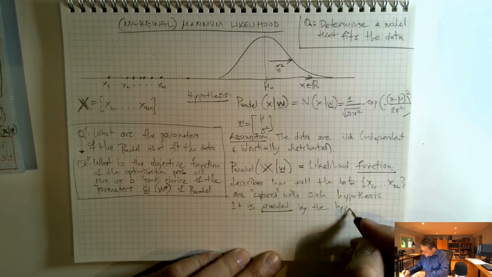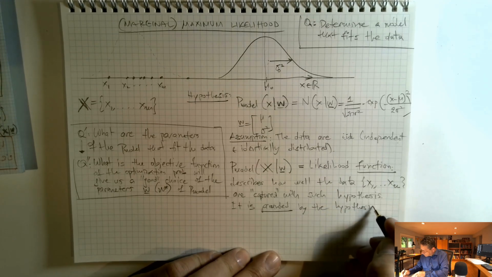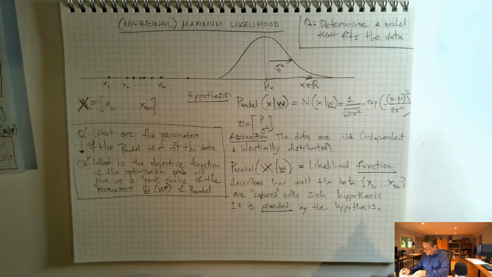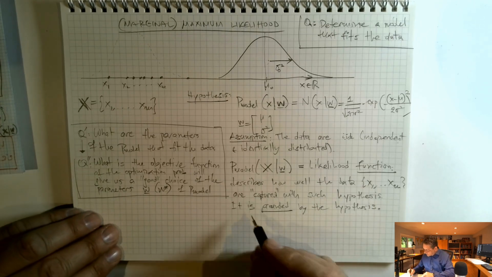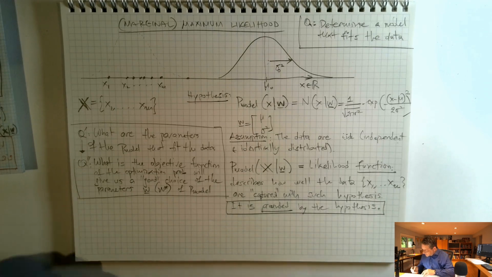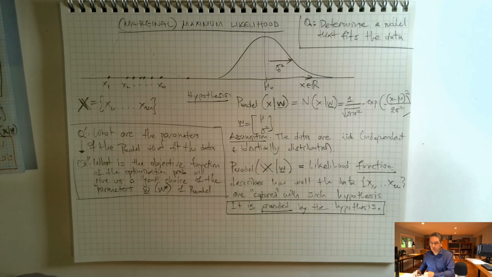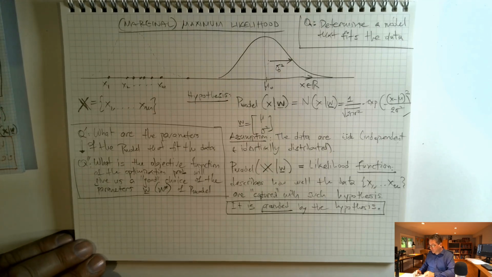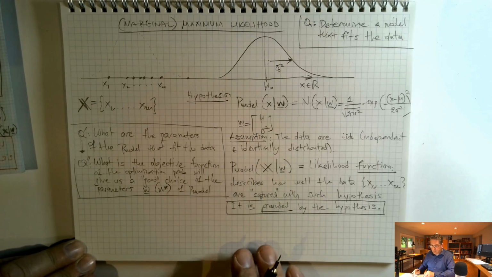by the hypothesis. And I think we should have now some discussion as to why this is kind of an important sentence. Because the likelihood function should not be confused with something that can provide to us an estimate of a probability of any of these samples.